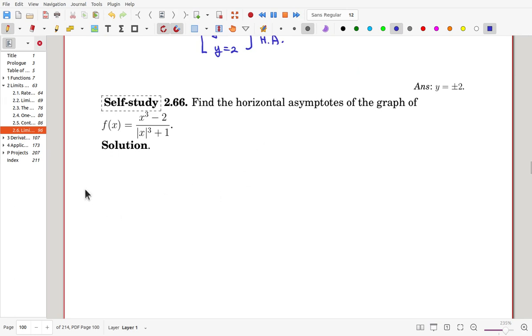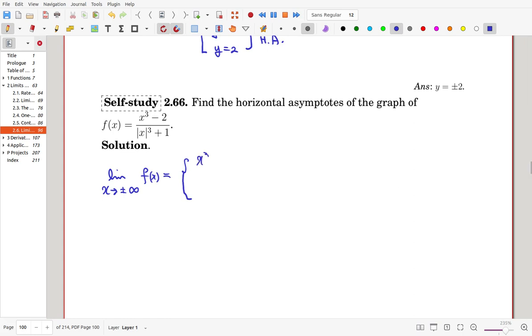Okay, for that problem, again the same way, the limit as x is approaching, for example, plus or minus infinity of f of x. If we consider it this way, then this f of x can be written in this way.